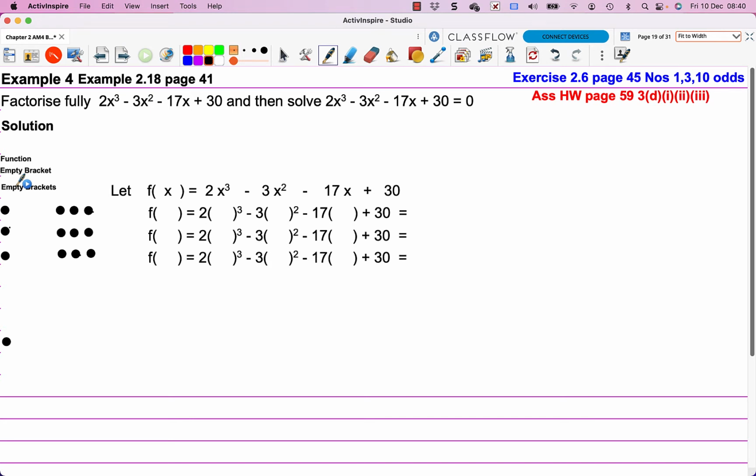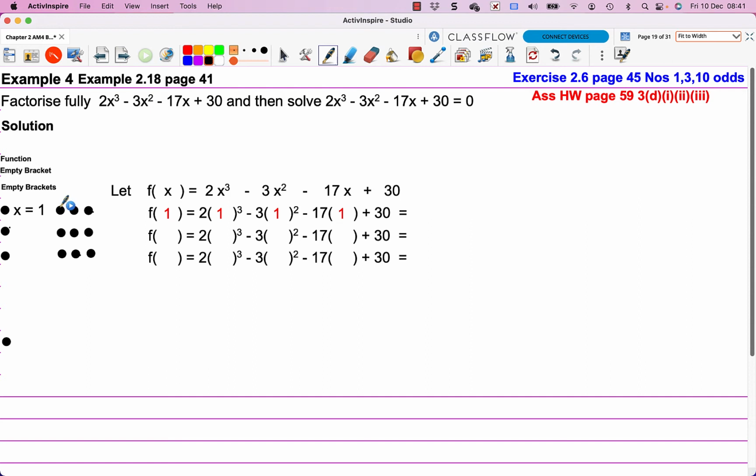Now on our course, the solution for x will be a positive or negative whole number, an integer. So we need a systematic approach to this problem in order to solve it. The first value of x that we're going to choose is x equals 1. We substitute this value of 1 into these empty brackets.